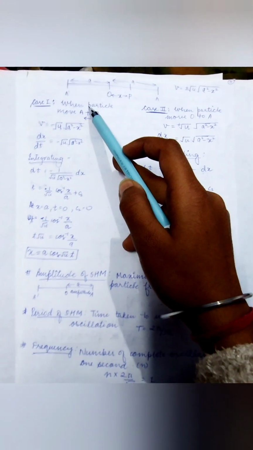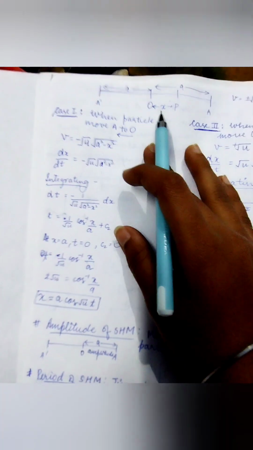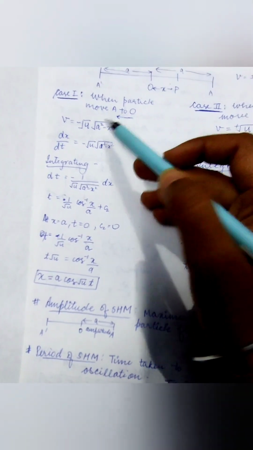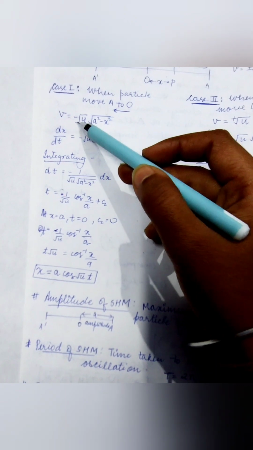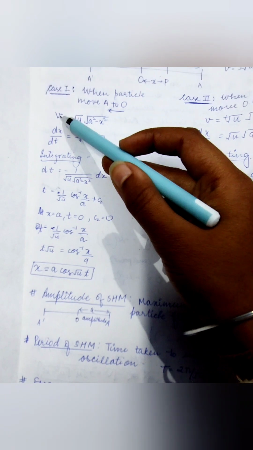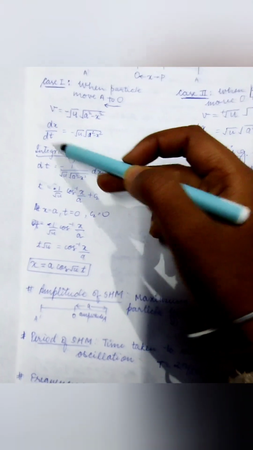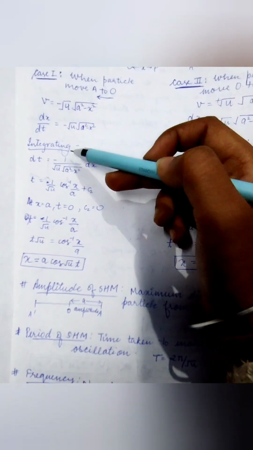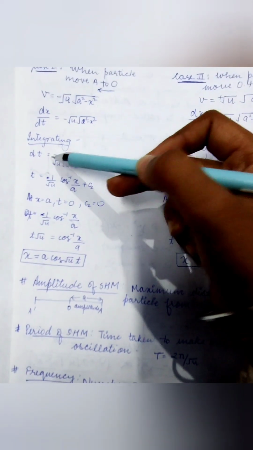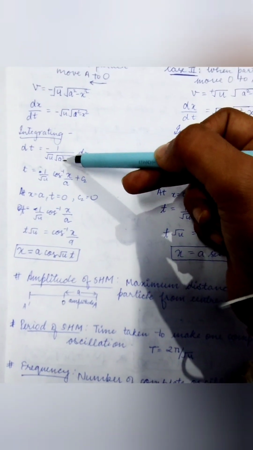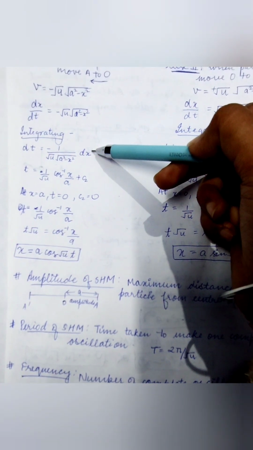In the first case, when the particle moves A to O, the direction is negative, so we take v is equal to minus root mu times root A square minus x square. We can write v as dx by dt, so dx by dt will be equal to minus root mu times root A square minus x square. On integrating, dt is equal to minus 1 upon root mu times root A square minus x square dx.